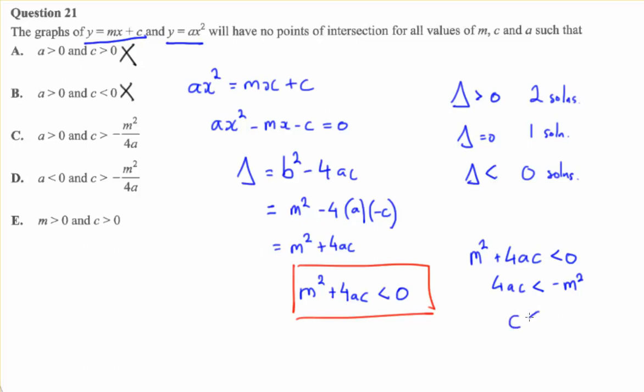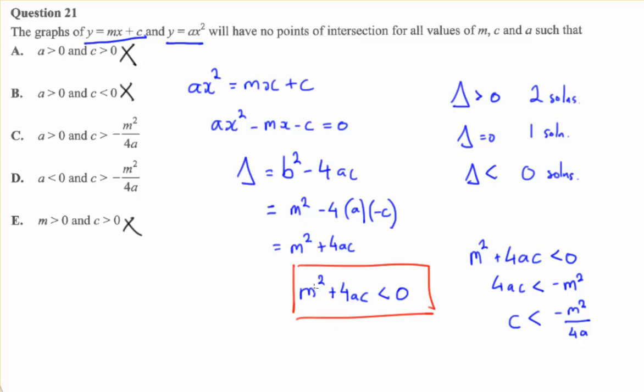We have c is less than negative m squared on 4a. We have this condition here. c has to be less than negative m squared on 4a. But that doesn't make sense because here and here we have c is greater than that. So what's going on? I hope I've convinced you already that you can get rid of that answer.